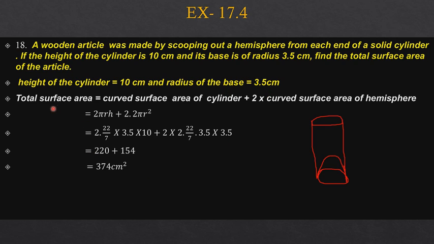So your total surface area will be curved surface of the cylinder plus curved surface of the hemisphere, because they have stated that from each end there has been a scooping out of a hemisphere. That means we have two hemispheres, so we need to multiply it by 2.